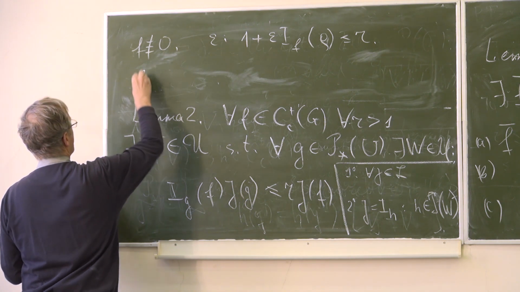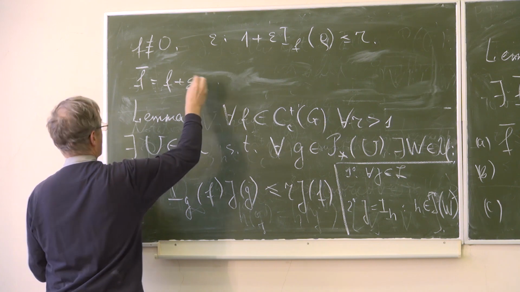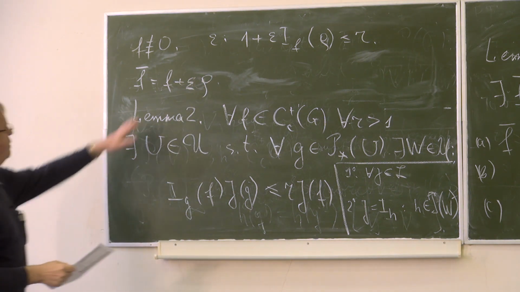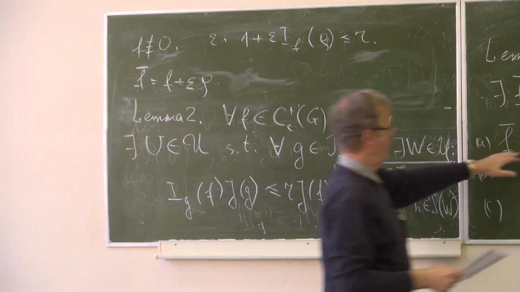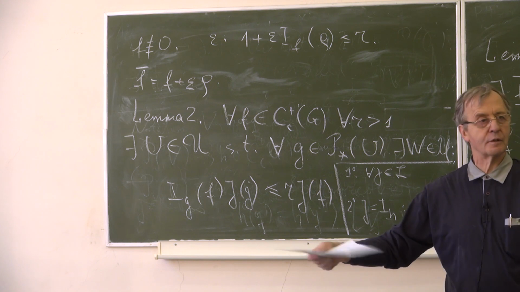Now take for f bar this function f plus epsilon rho. Well, it is strictly greater than f because rho is equal to 1 on the support of f, and even in the neighborhood of the support of f, so it is strictly greater.